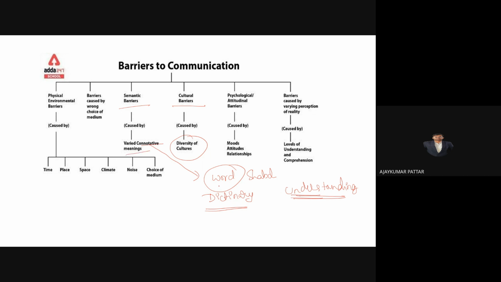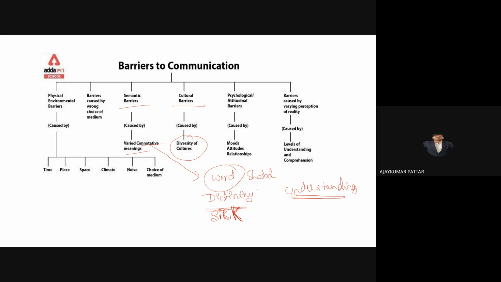Anyone give an example? If a word has a meaning in the dictionary that is different, but actually we are using that word in a different manner in day-to-day life understanding.